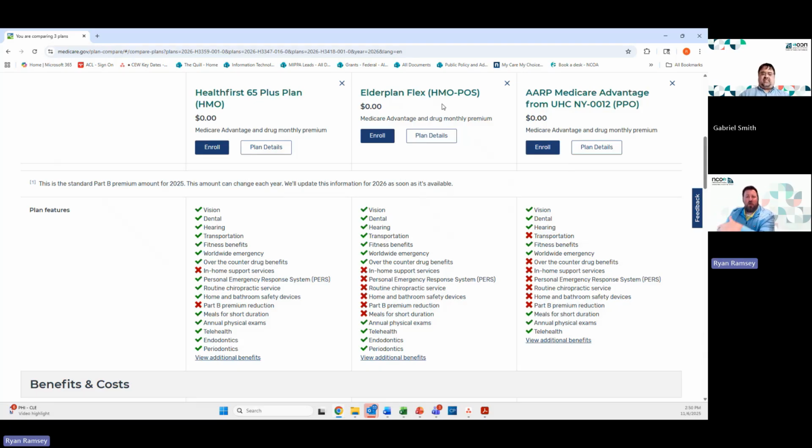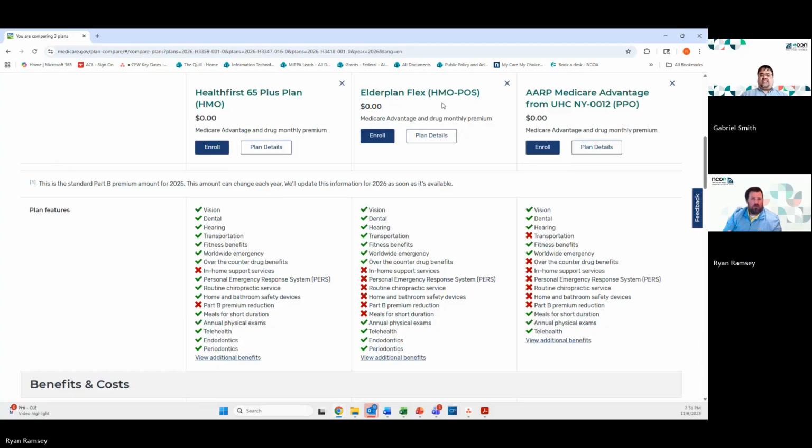Or he could, of course, go through the company and say, is this doctor within your network? Same thing for any specialist, any primary care physicians, hospitals. I would call and ask if all of the people that I go see are within that network, because the other options are, I'm going to potentially pay out of pocket the full cost, or I'm going to have to go see somebody else that is in network in order to get that paid for.